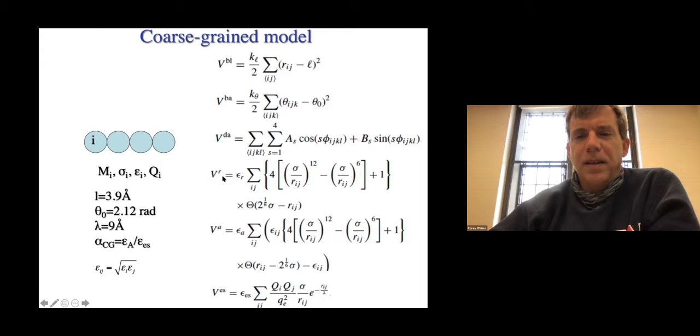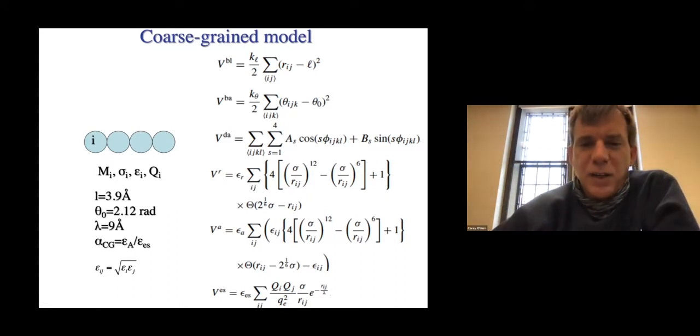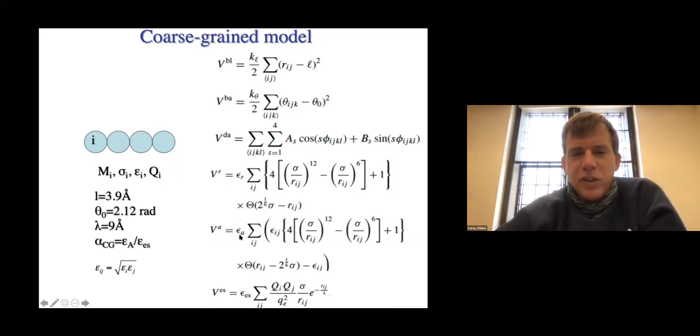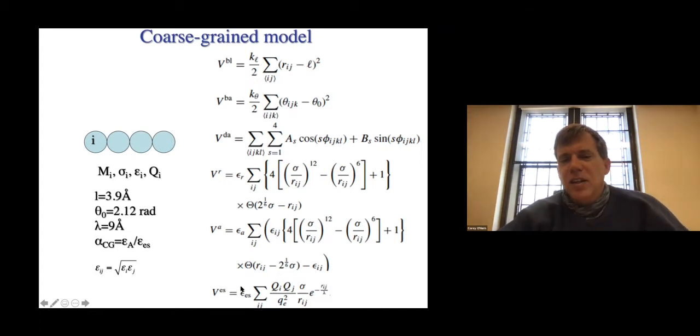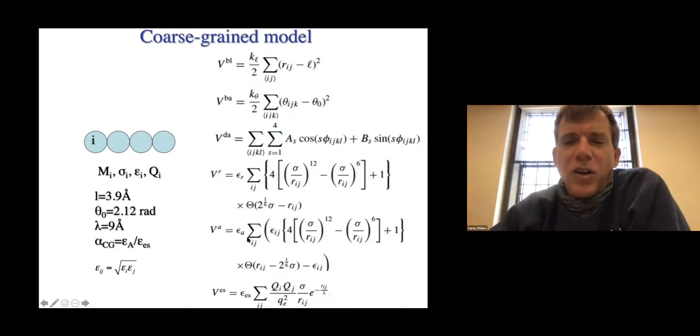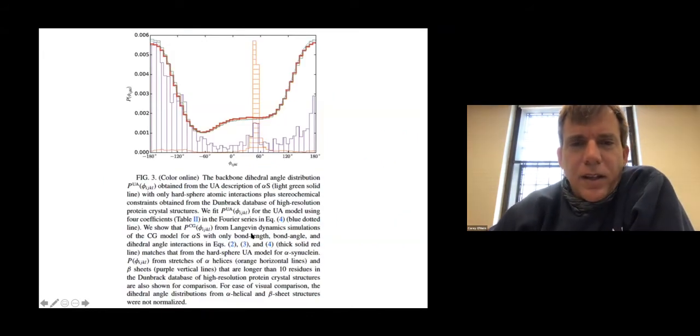There's not much wiggle room in the repulsive part of the potential because I don't want overlaps between atoms. So the only parameters really are the overall coefficient of the attractive interaction and the coefficient of the electrostatics. And so that's going to be the ratio that I'm going to use to try to compare to experiments, the ratio of attraction to the electrostatics. I'm going to call that parameter alpha.